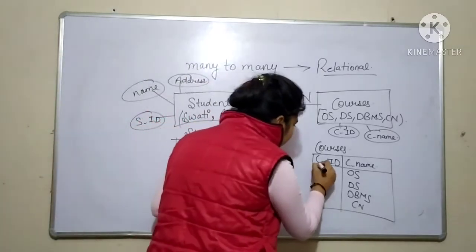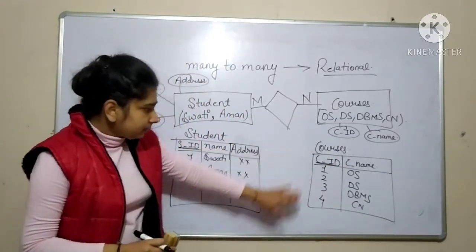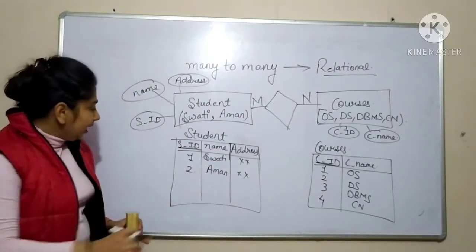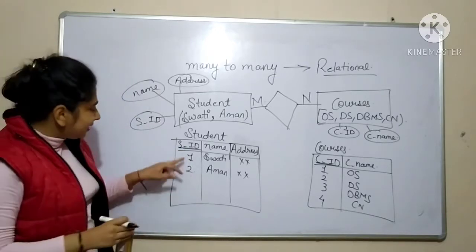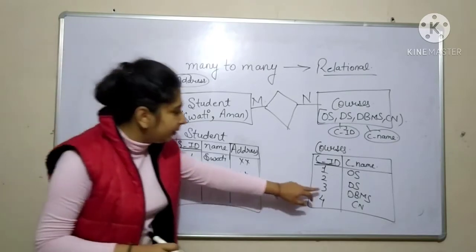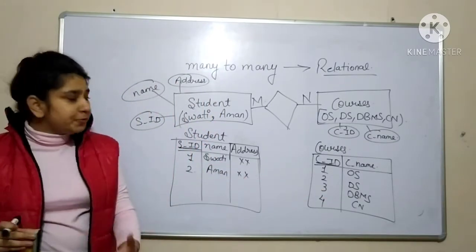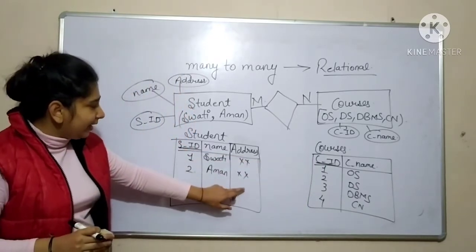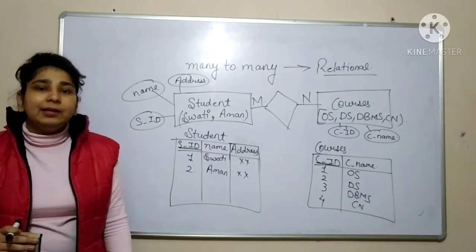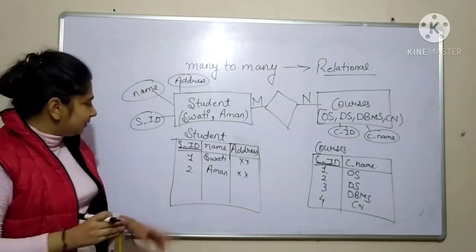The primary key of this course table is course ID. So either I would be using this key attribute as a common attribute in this table, or the other option is you can use this key attribute as a common attribute in the student table. We will be discussing both the cases.